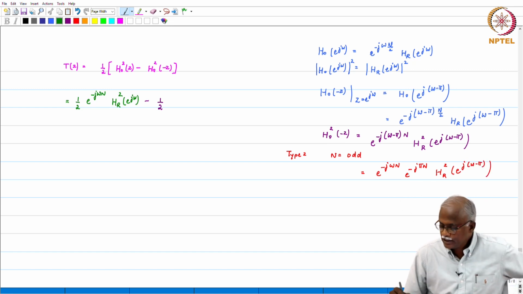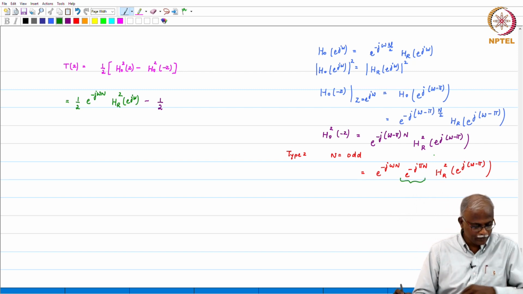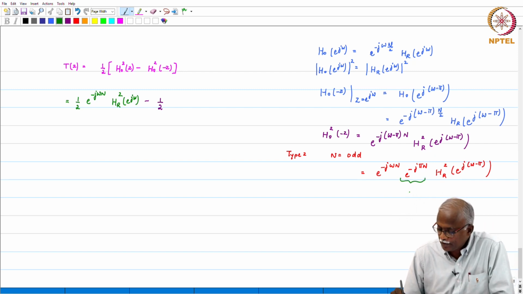A quick simplification of this term: this is nothing but minus 1 raised to the power n, where n is odd, which is equal to minus 1 since n is odd.